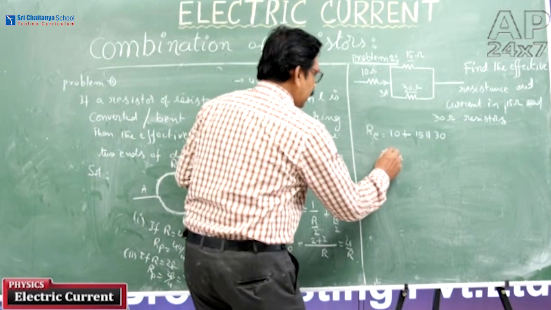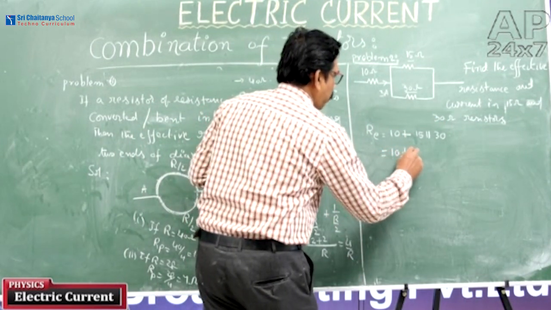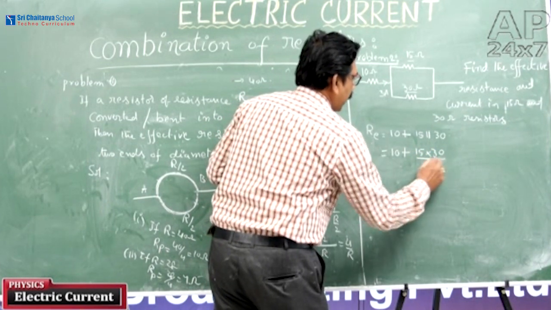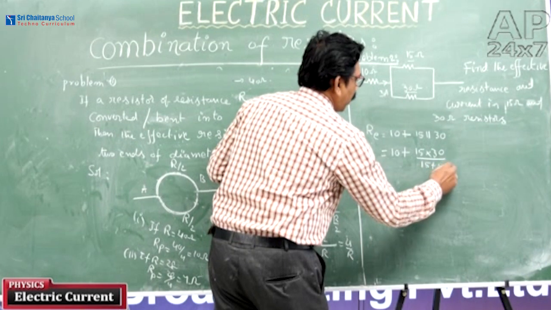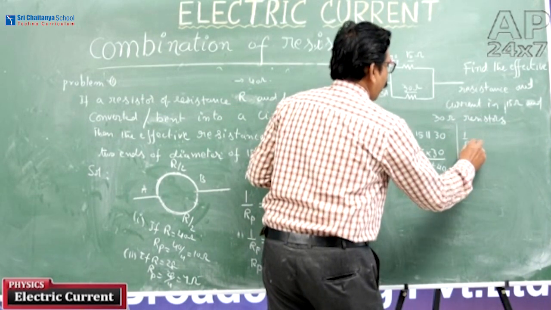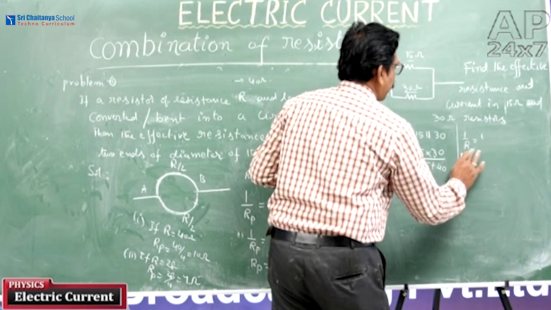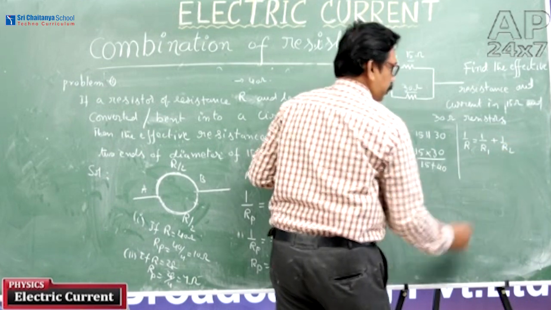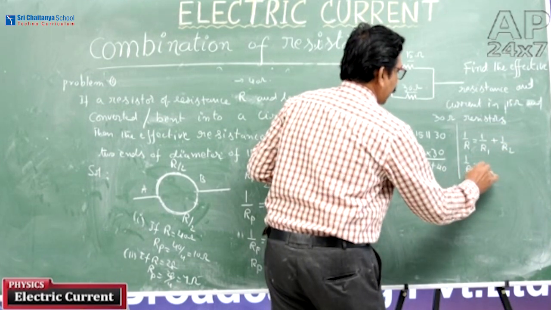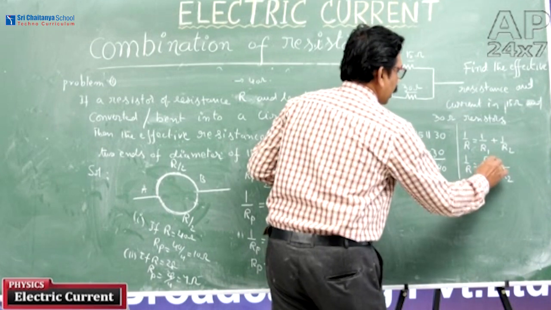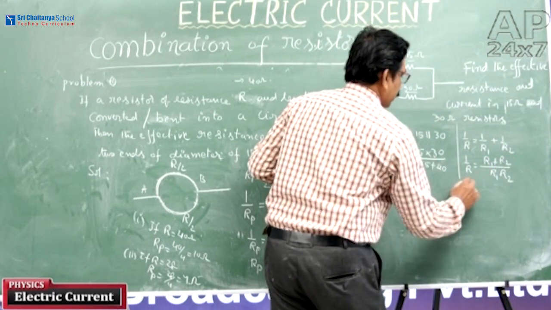So therefore I can write this as 10 plus 15 into 30 divided by 15 plus 30, because we know very well 1 by R is equal to 1 by R1 plus 1 by R2. So 1 by R is equal to, LCM is R1 into R2, you will get R1 plus R2.